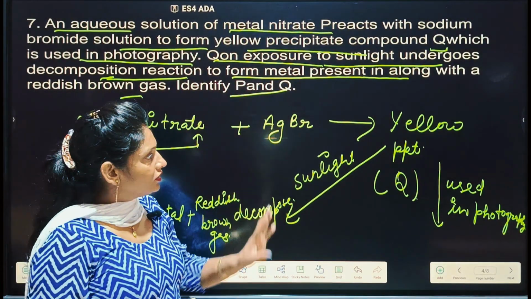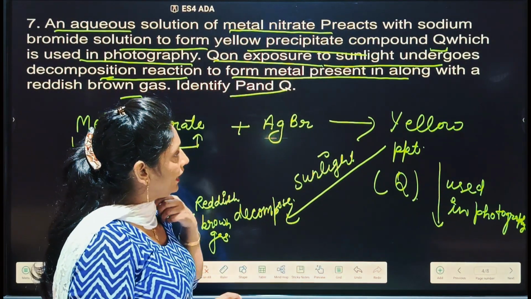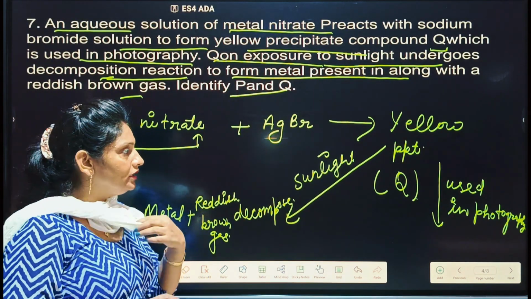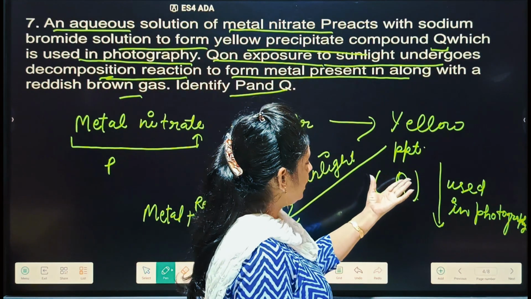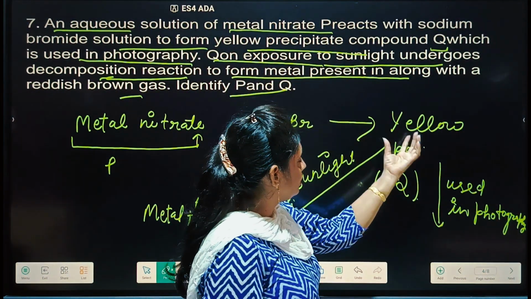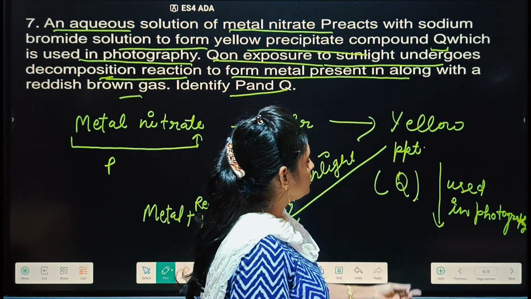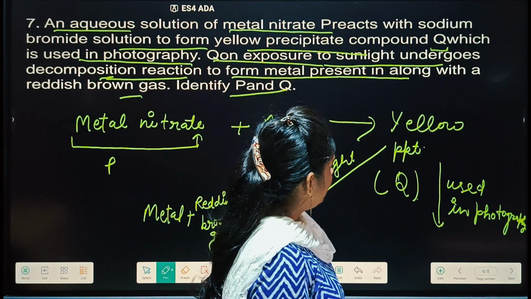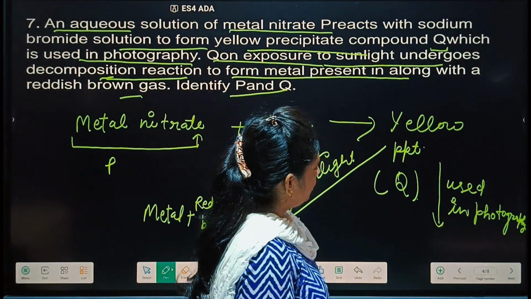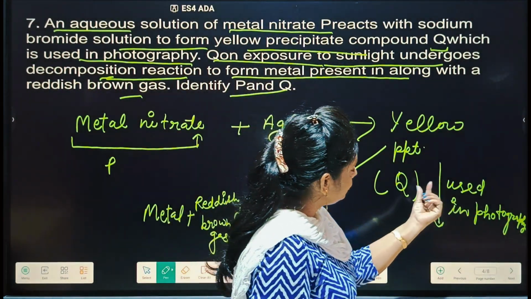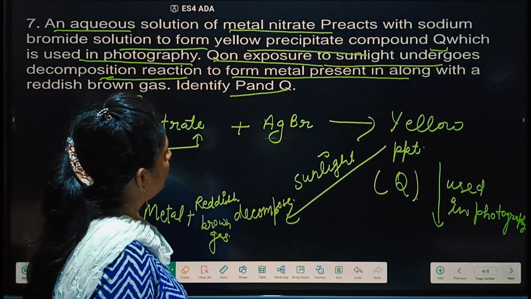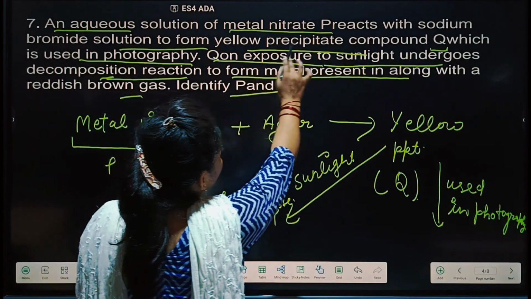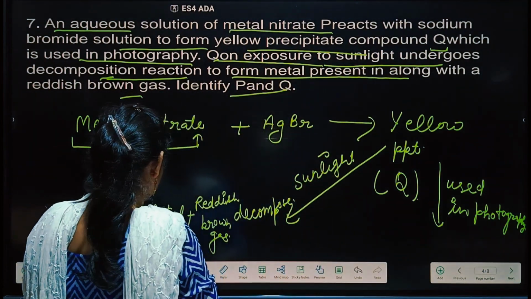It will react with sodium bromide, and after the reaction it gives us Q, a yellow precipitate, which is used in photography.